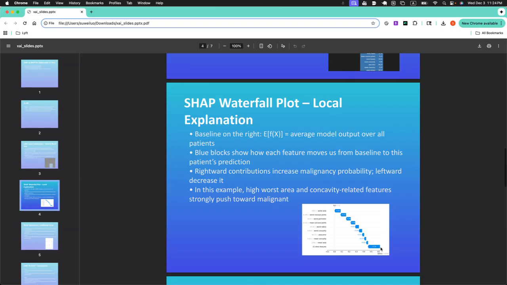So from here, we see it's decreased: worst area decreased by 0.08, worst concave points decreased by 0.07. We lumped together 21 other features here, and in total they gave about negative 0.60. So in this example, we know that the high worst area and the concavity-related features strongly push toward malignant.